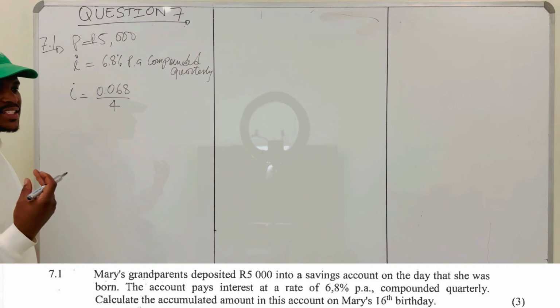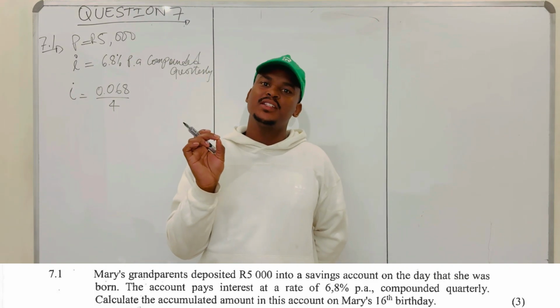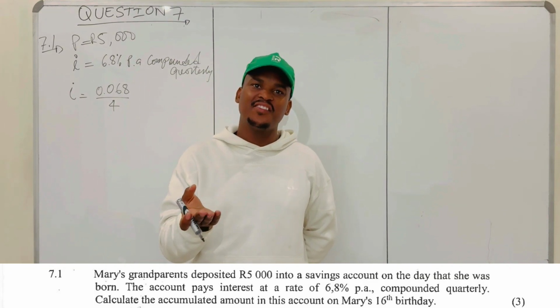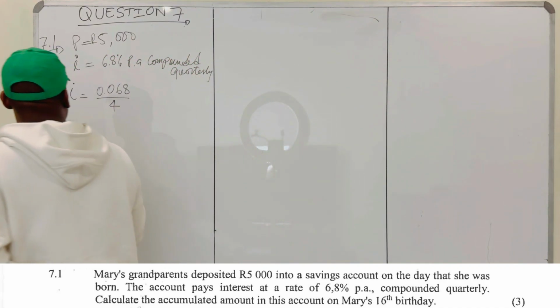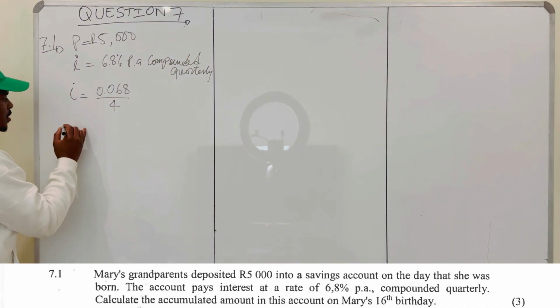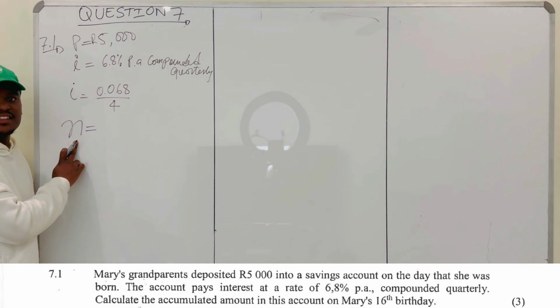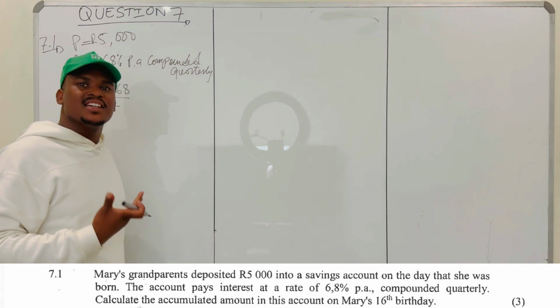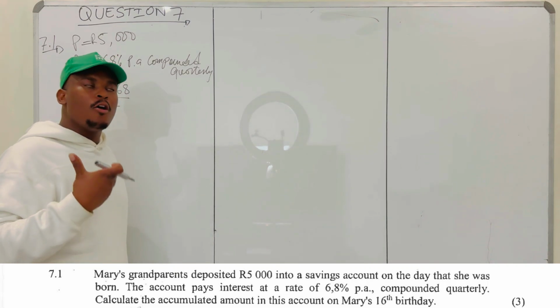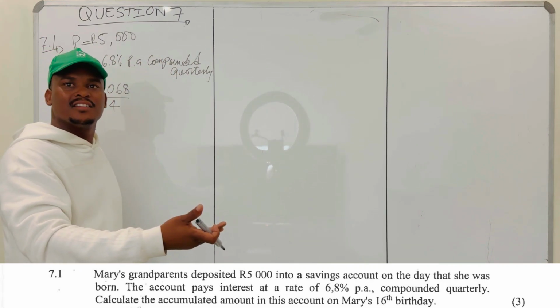And now, how long was this amount left in that account? It was left there for 16 years, right? No problem. So now what do you say? Okay, N, what is N? N is not the number of years. In this case, N is the number of compounding periods, which means how many times our investment gets interest.